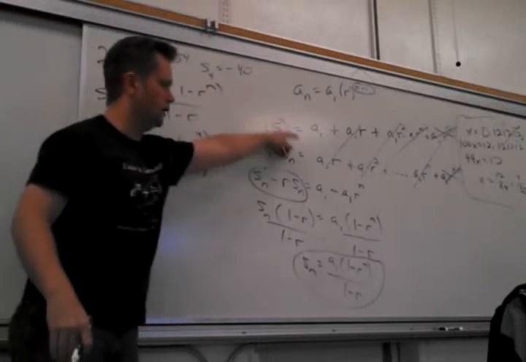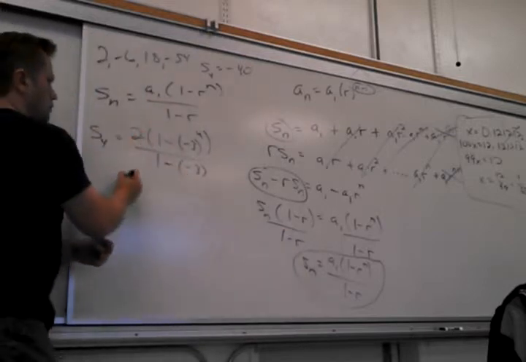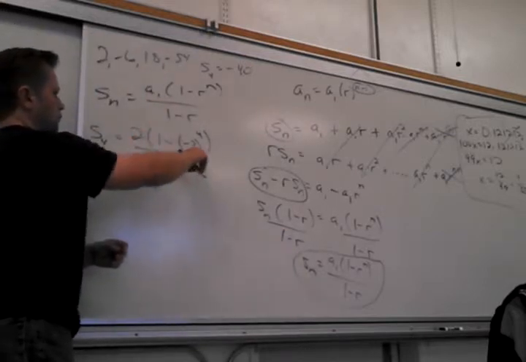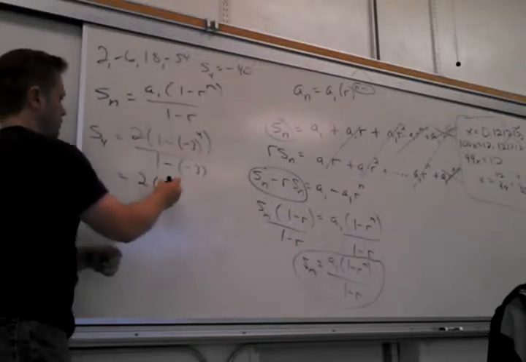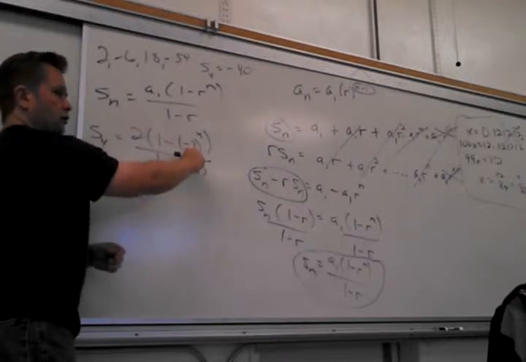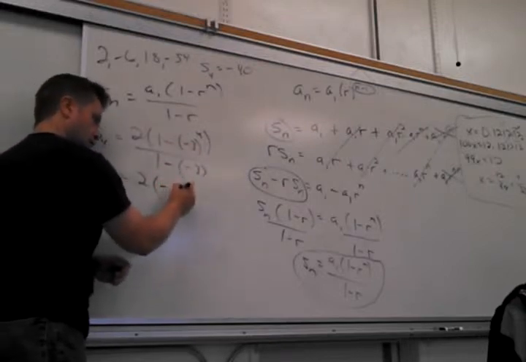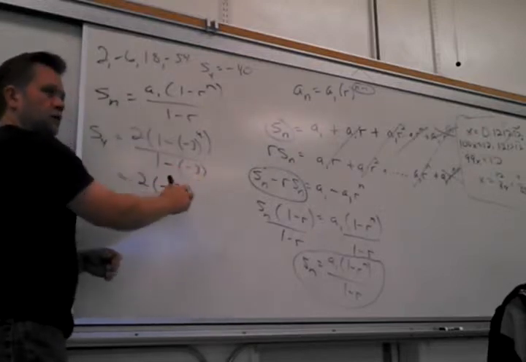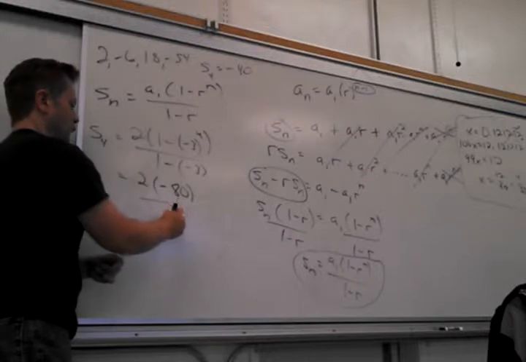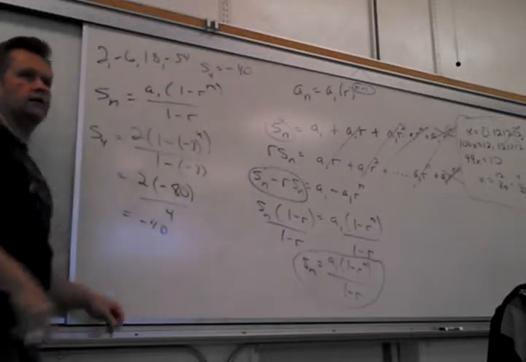All the hard work was this. Now it's just plug and chug. So I get 2 times, what's negative 3 to the 4th power? 81. So I get twice 1 minus 81, which is negative 80. And then 1 plus 3 is 4. That's awesome. So I get half of negative 80, which is negative 40. Yay.